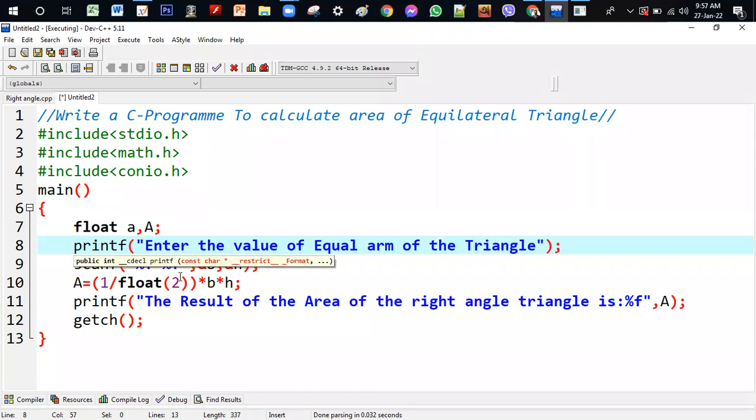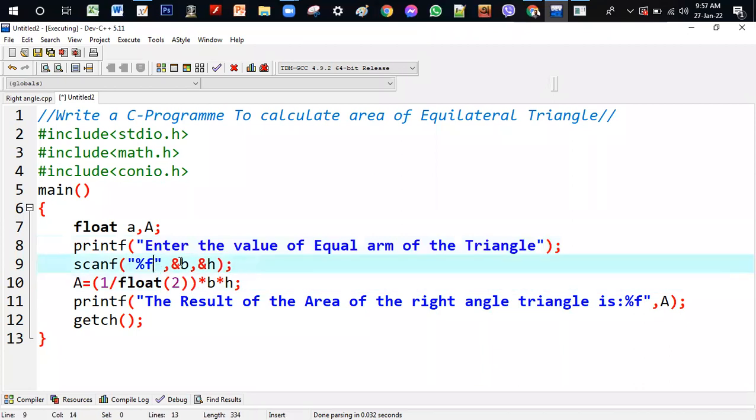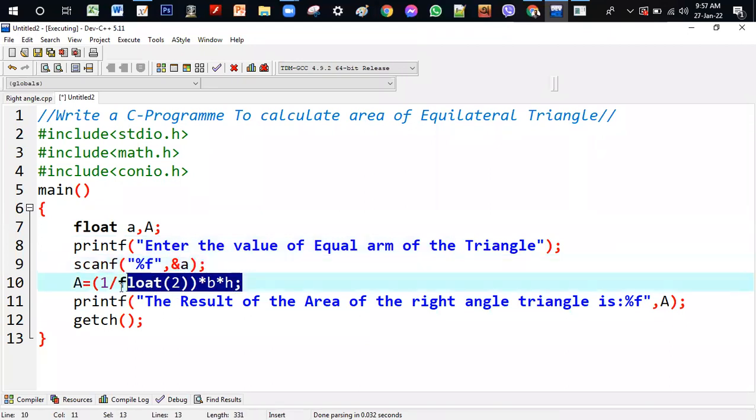Now, so it is correct: percentage sign f, only one percentage sign f, and the value of the percentage sign f is the equal arm a. Now the area A is equal to sqrt of 3 divided by float 4, and close the first bracket.